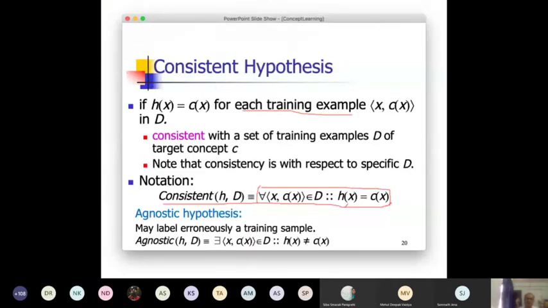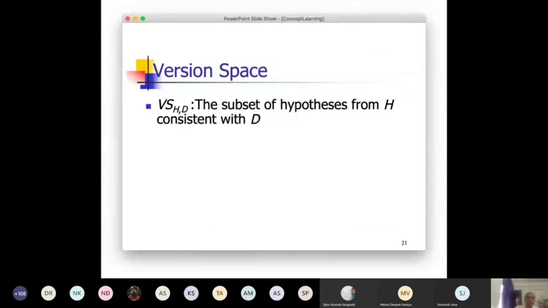So these are the considerations I told you about: overfitting, underfitting, and generalization. We will see those things later on in this topic. At this point, just note that against the consistent hypothesis, there could also be an agnostic hypothesis, which can differ on some of the training sample labelings.